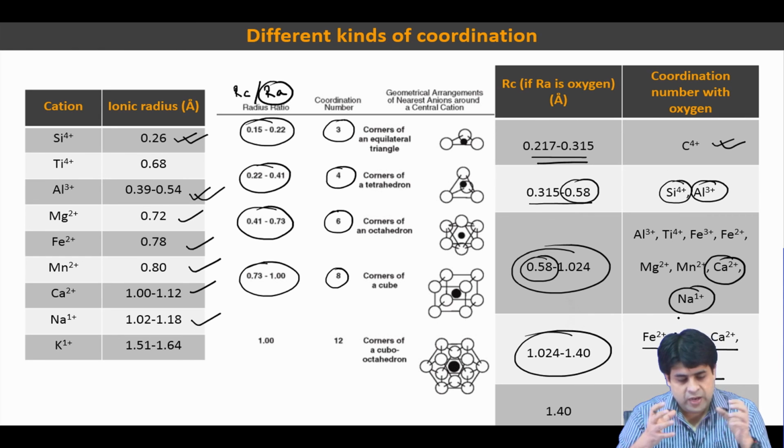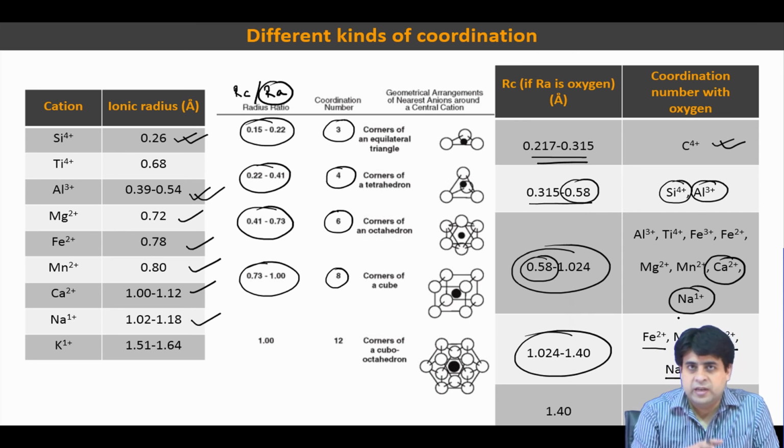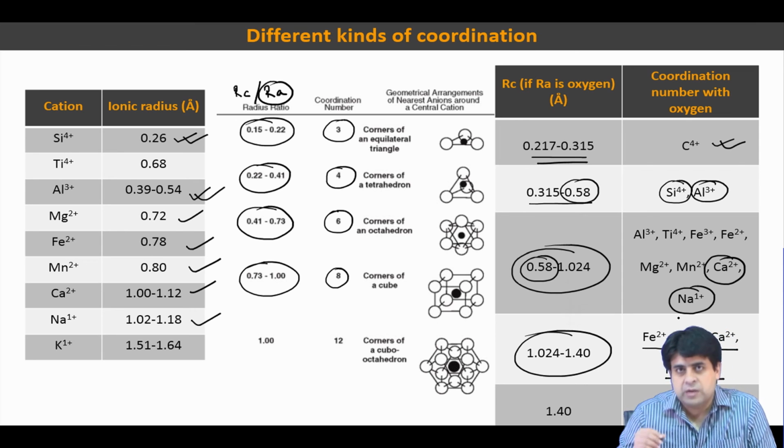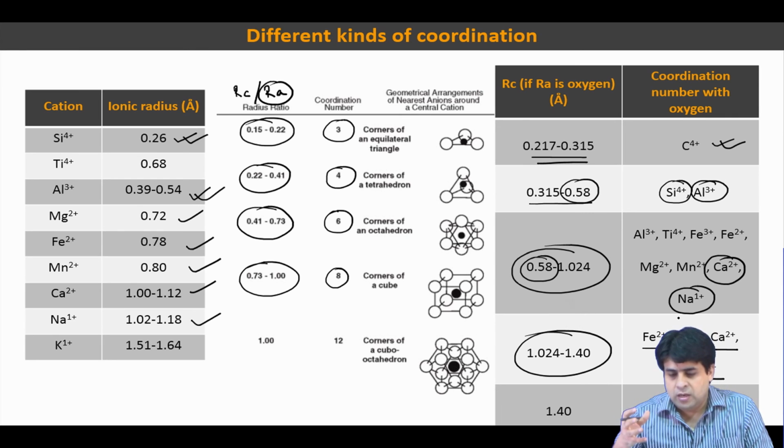Okay, so you will have some distortion in your crystal structure. Because of that, you have a range of this radius ratio, and so sometimes a cation can have one coordination number, and the same cation in a different crystal structure can have another coordination number.